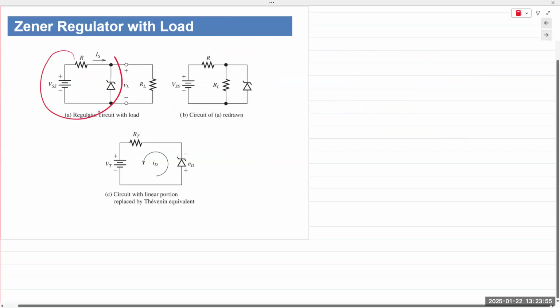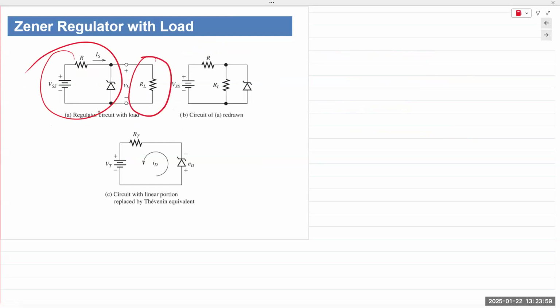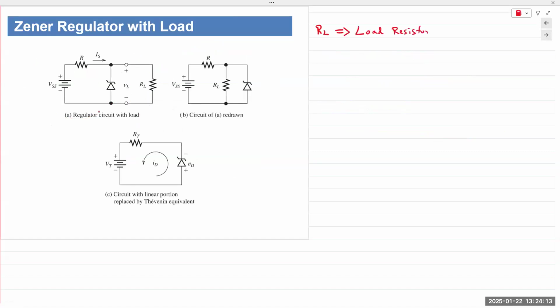So Zener diode circuit. Now we added RL, a load resistor RL at the output. RL is our load resistor. R is, of course, our series resistor.